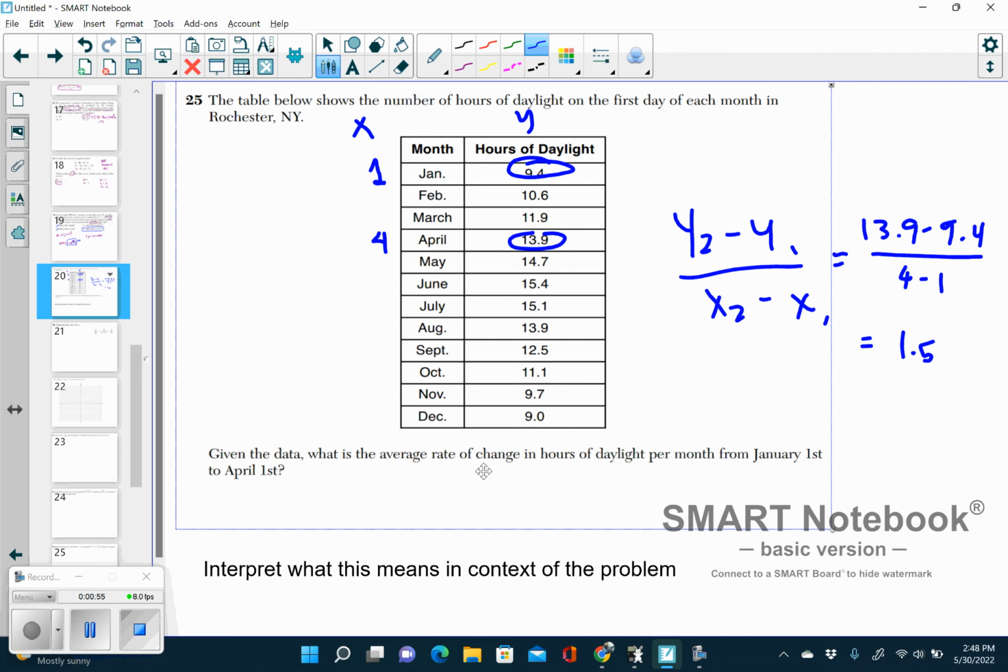So what is the average rate of change? 1.5 hours of daylight. That's the answer to part A. Interpret what this means in context of the problem.